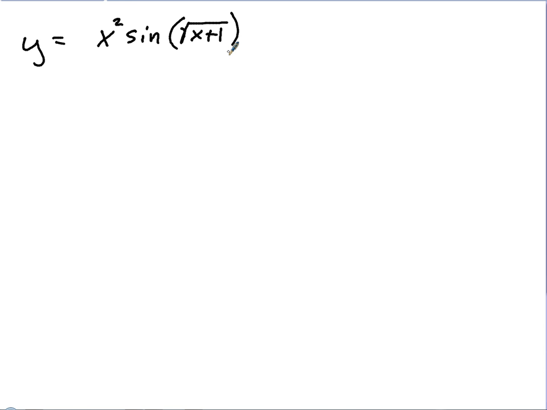Okay, now this one's a little different than the last couple we've looked at. The last couple have been definitely chain rule, multi-layer problems, but there's another wrinkle thrown in. What's that? Ah, good. Product. We have a product, and then within the product, we got a multi-layer.